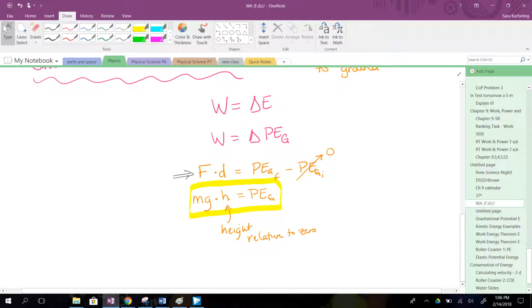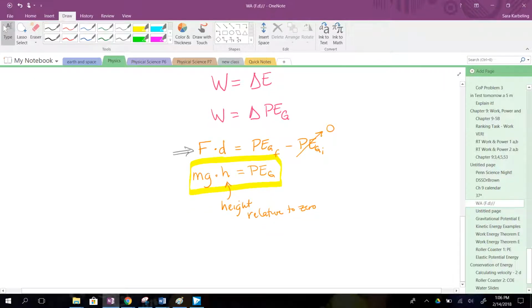Okay. We didn't actually plug any numbers in, so let's just make sure that we understand this and we understand where the units are coming from, and then we'll do those problems, okay? So here we go. We've got the mass, and mass is measured in kilograms, and we've got g. The book said that you could use 10. I wouldn't use 10.